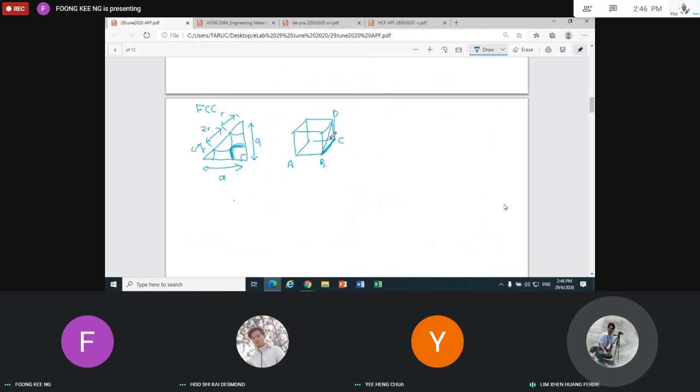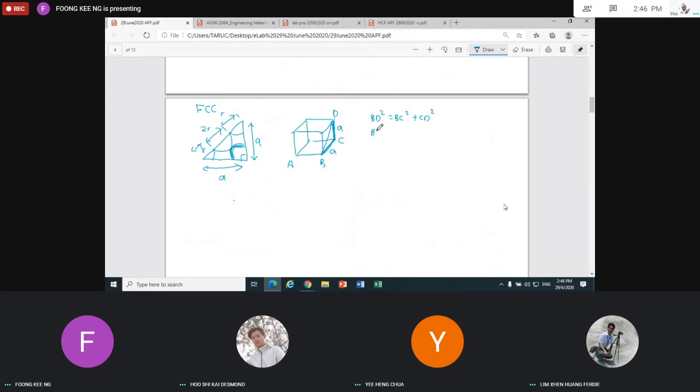Or BC or AC. Need to use the Pythagoras. So this A, this A, so what we have here? A square, 2A square. We have DC and BC. BD square equals BC square plus CD square. Agree? Correct? Okay. BD how much?